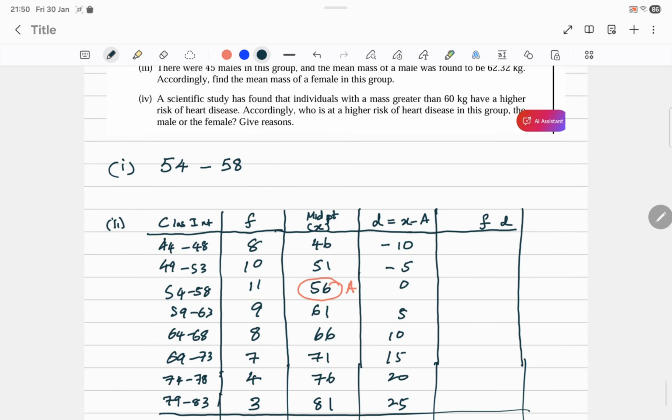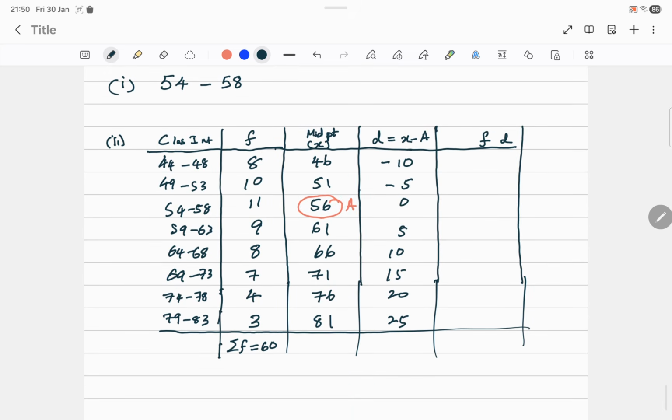Then we need to create fd: 8 into minus 10, minus 80, minus 50, 0, 45, 80, 105, 80, 75. So sigma fd, fine, we need that for our mean calculation.